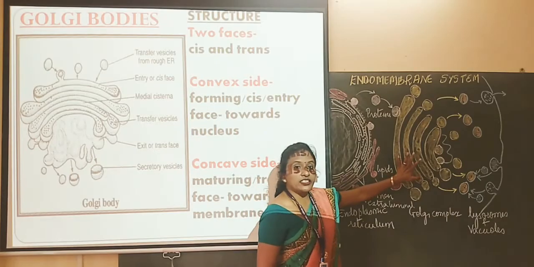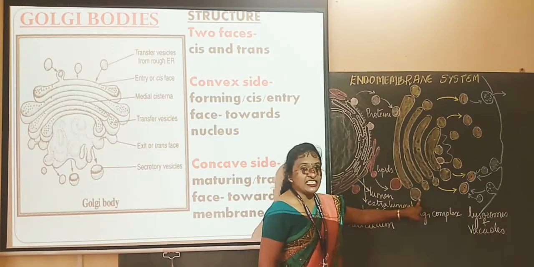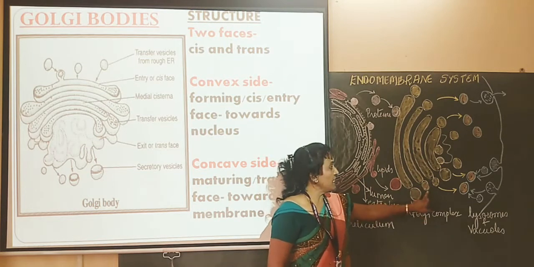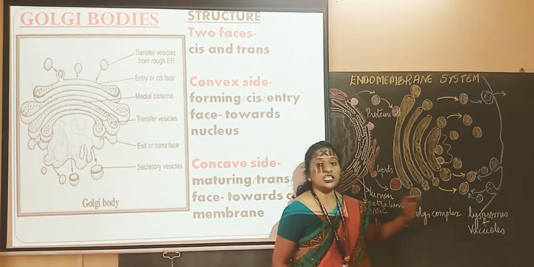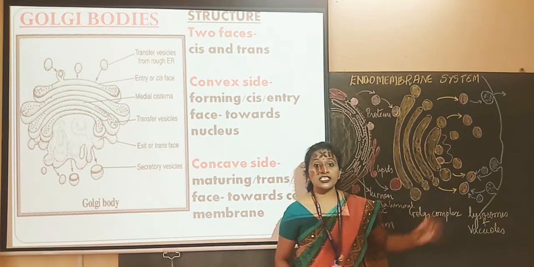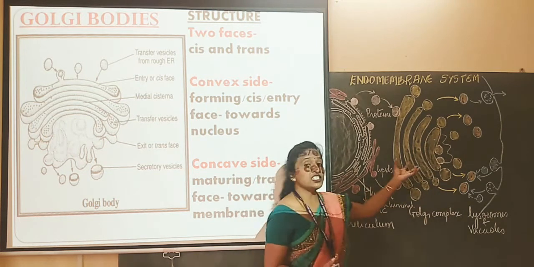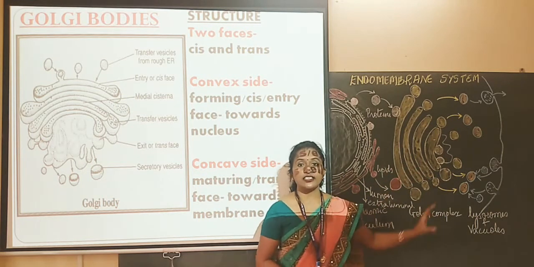This is the Golgi apparatus with the vesicles, right? So these vesicles will form the lysosomes, that is the third organelle. And some vesicles will secrete what is being taken by the Golgi apparatus.